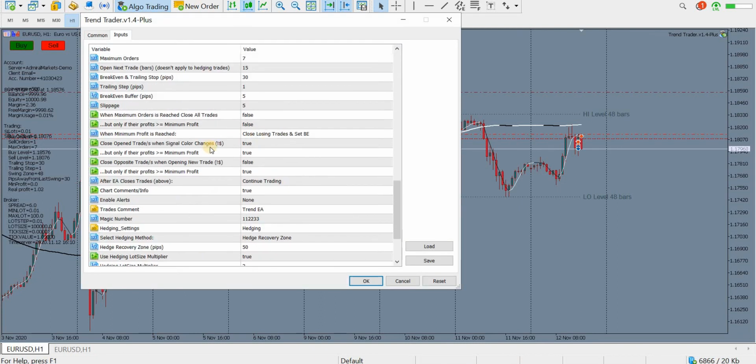So that was about closing open trades when signal color changes.